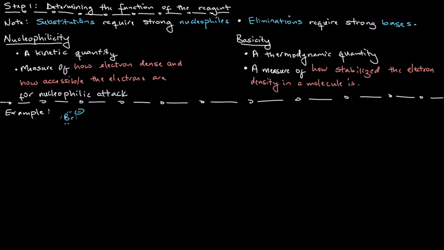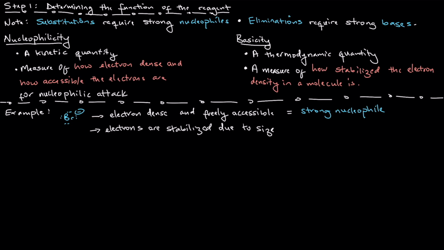Okay, to illustrate how nucleophilicity and basicity do not necessarily track with each other, let's consider bromide. I think we will all agree that bromide is electron dense, and those electrons in the bromide are freely accessible. Therefore, we can consider bromide a strong nucleophile. However, we can also all agree that the electrons in bromide are fairly stabilized due to the size of the bromine atom.